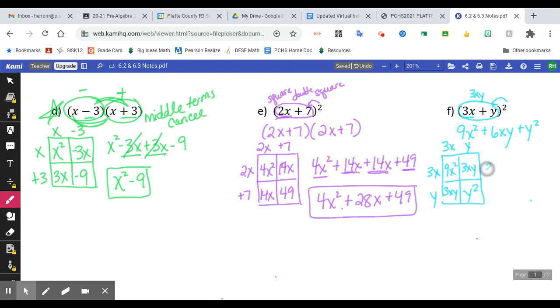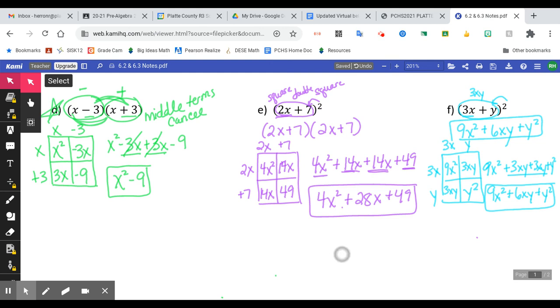So you get the same thing. 9x squared plus 3xy plus 3xy plus y squared. These come together. 9x squared plus 6xy plus y squared. The same answer we got above. Square, double, square. Okay, those are the special cases for those.